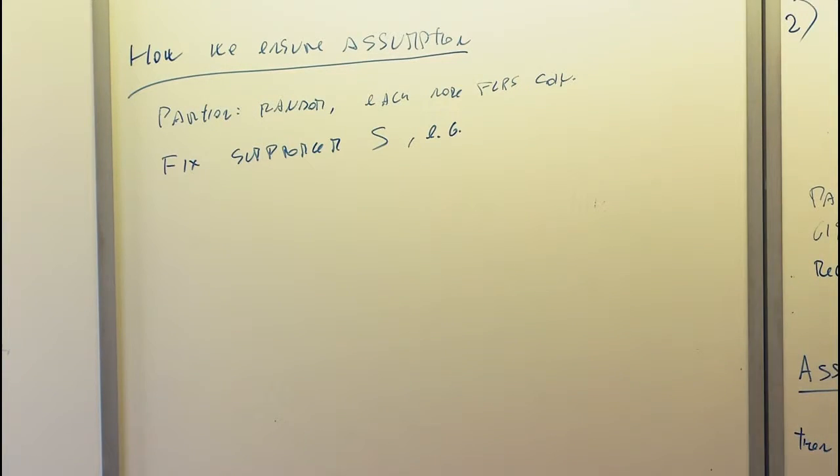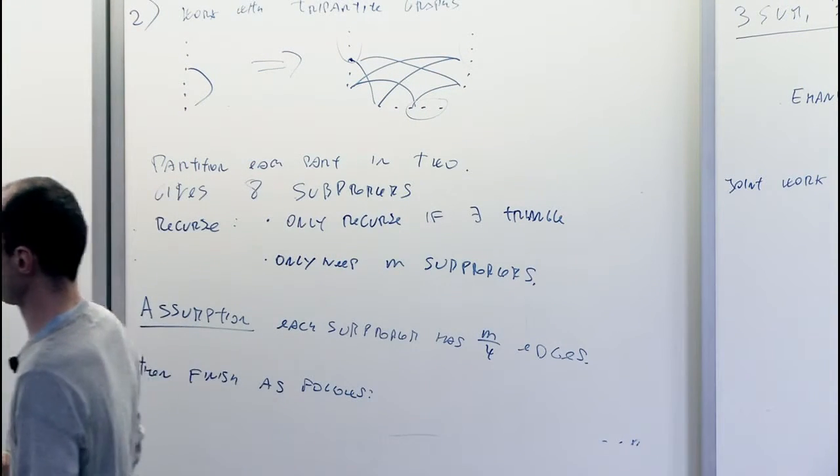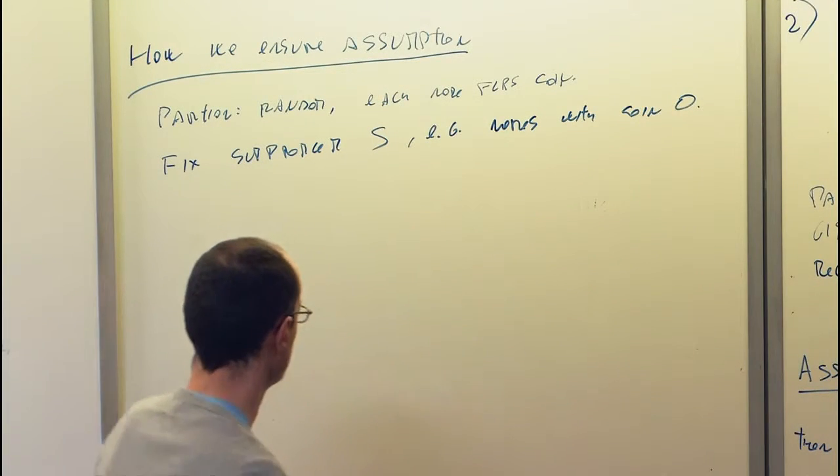So here the nodes that flip 0, 0, 0, that will correspond to a subproblem. So e.g. nodes with coin 0, or 0, 1, 0, and so on.